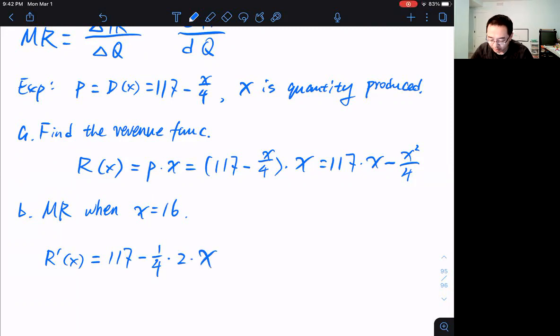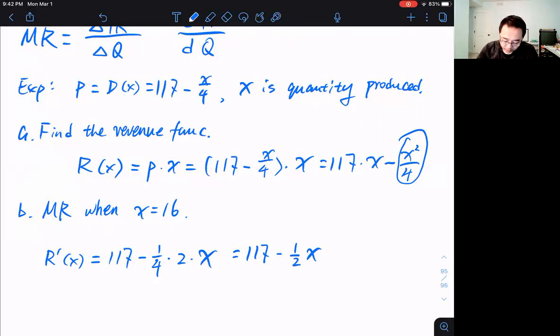Because this term is 1/4 times x squared, and then you just bring the squared term down to be the coefficient, and then subtract 1 from the power. So this gives you 117 minus 1/2 x.